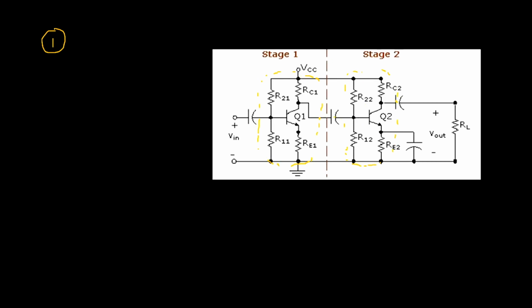But these two are joined, you just have one source voltage, and these two are coupled with a capacitor. If you view the circuit individually, they both are 2 different circuits having voltage divider bias, but they are coupled together with the help of this capacitor. So this is capacitive coupling.